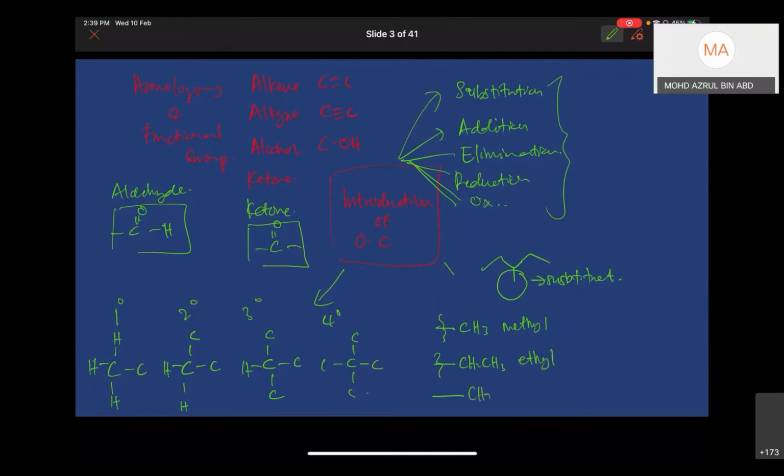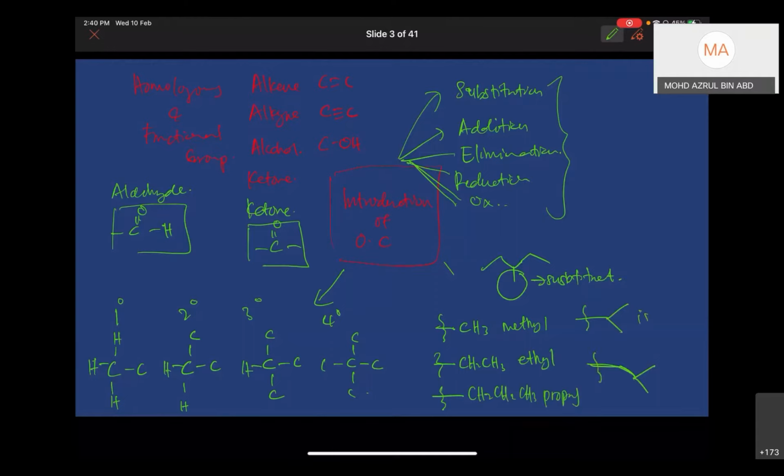How about this one? When it is attached with three carbons, we call it propyl. And then you also learn about the types of branches. 1, 2, 3, 4.